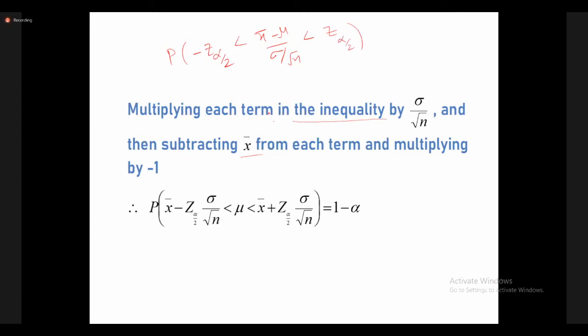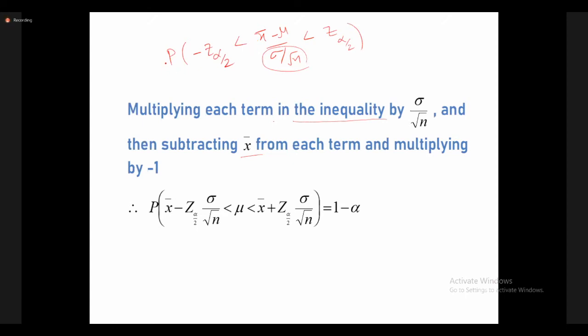The same equation we are writing like this. First we are cross multiplying with this term, after that we are adding or subtracting.